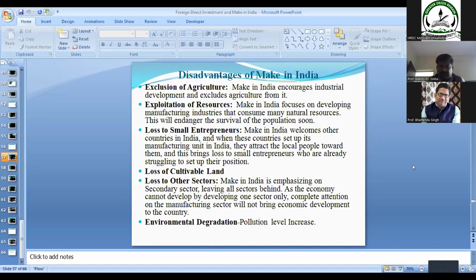So we have to keep a balance between these three sectors. Environmental degradation is also important. Pollution levels, particularly in the cities, are very high, so setting up more and more manufacturing units will definitely add to the pollution.